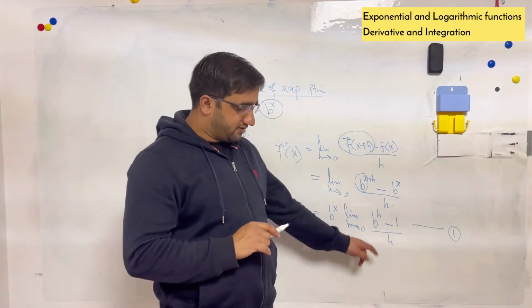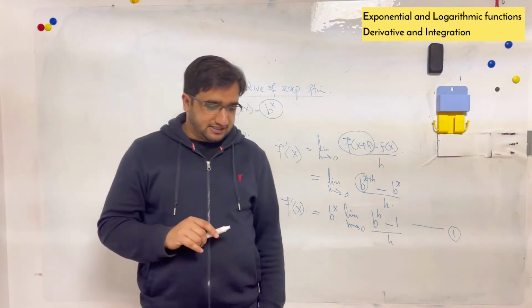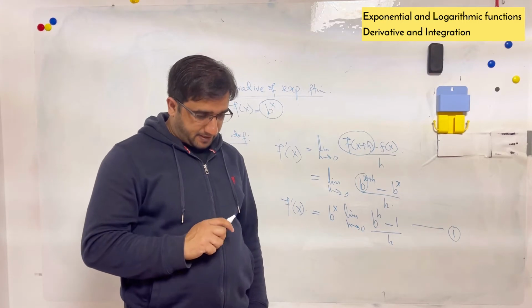Anyways, now it becomes b raised to the power h minus 1, divided by h.